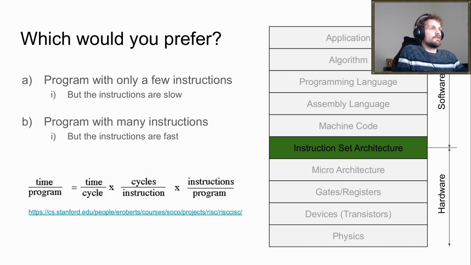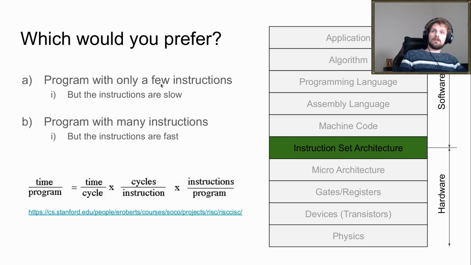Let's look at the instruction set architecture. What choices can we make here? What can we do here in terms of performance? We'll start off with an abstract question to think about. What would you prefer? Would you prefer a program with only a few instructions, say 10 instructions long, just an arbitrary number, but the instructions are executed slowly?